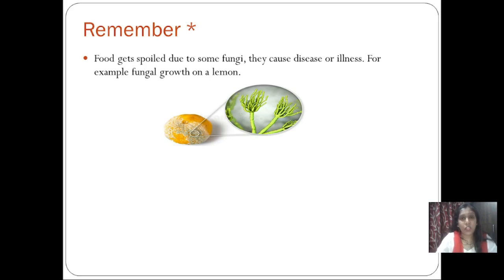You can see this fungal growth on breads. If you keep stale food for long in the fridge also, there will be some white mushy growth on the food item. That is called fungal growth, and it is very dangerous because it can cause diseases and illness. So whenever you see any fungal growth, immediately throw away those substances.